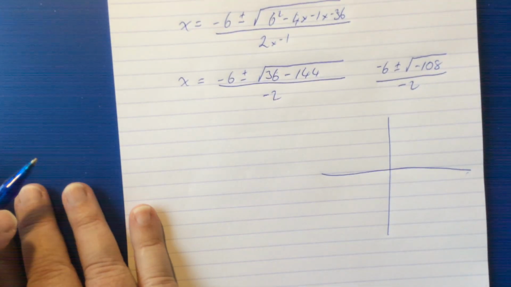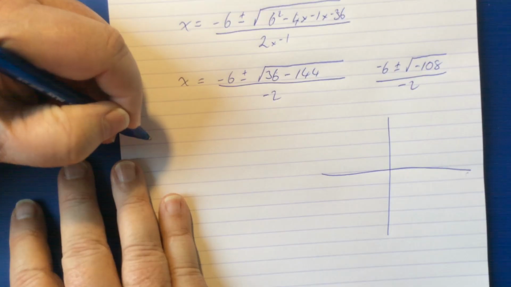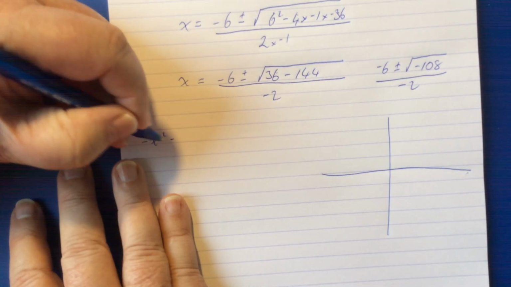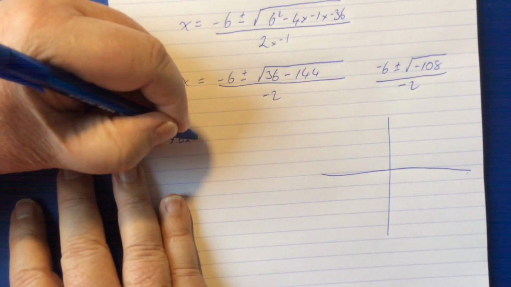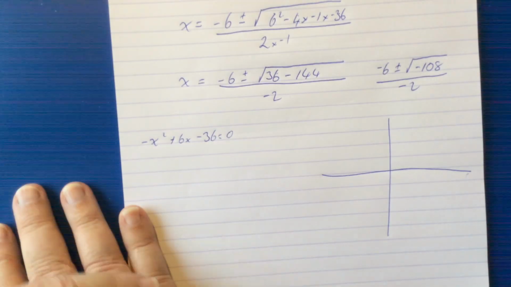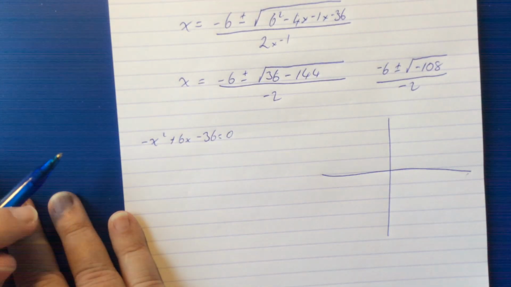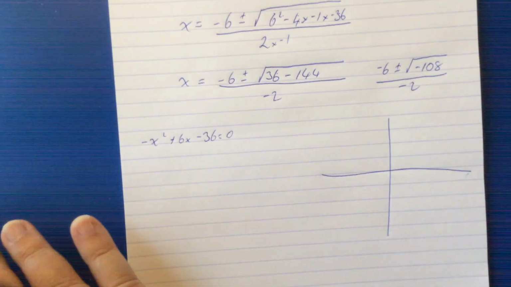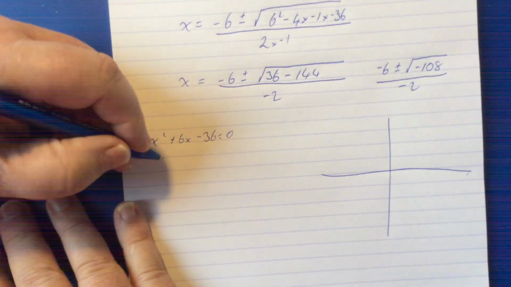So negative x squared plus 6x minus 36 equals 0. What I'm going to do is find the turning point of this. So to do that, I'm just going to start by doing the first few steps of completing the square.